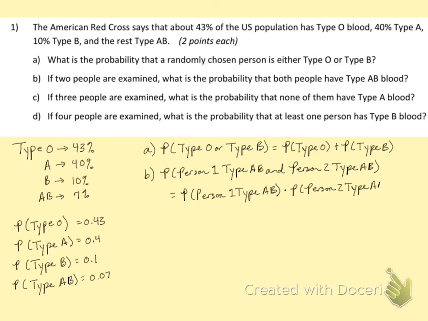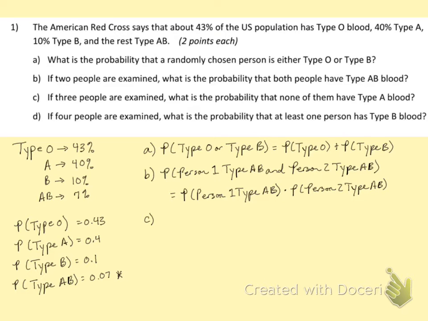Now, the probability that person 1 is type AB is the same as the probability of person 2 being type AB. It's this probability down here. But because we have two people, we are multiplying this together twice. So keep that same idea when you're looking at part C and D, because notice in part C we have 3 people, so we're going to be multiplying 3 times, and in part D we have 4 people.